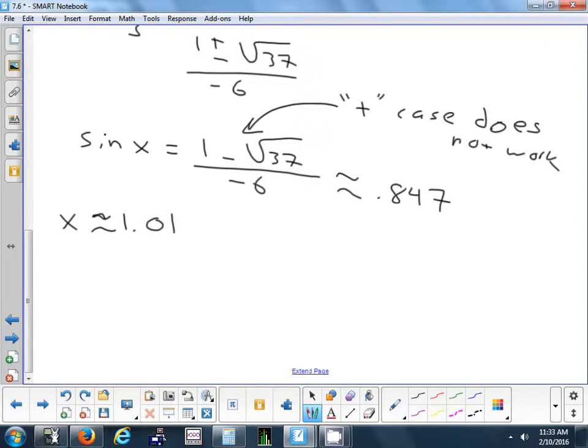At the end, I'm going to graph and make sure that that's not extraneous, just make sure that it really works. What's my other quadrant where sine is positive? 2. And what do I do in quadrant 2 with that angle?